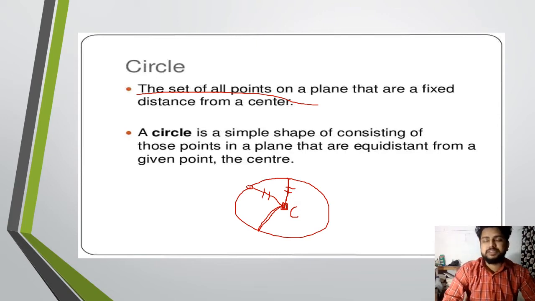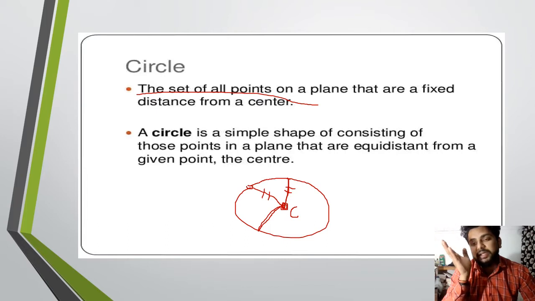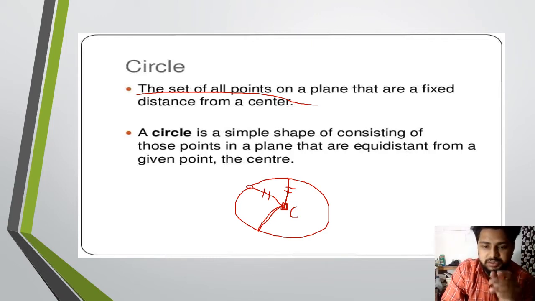Do you know why we say this is the center? Because from here we can go to any point of the circle, upper, down, left, right, and when we measure the distance, all the distances are the same. So we call this the center point. Center means the middle point of the circle.